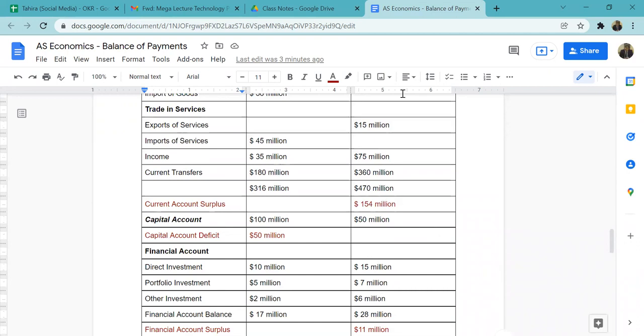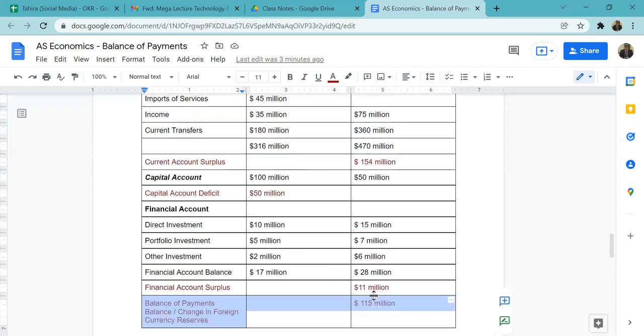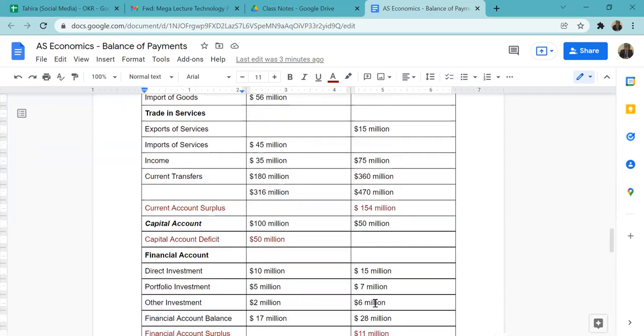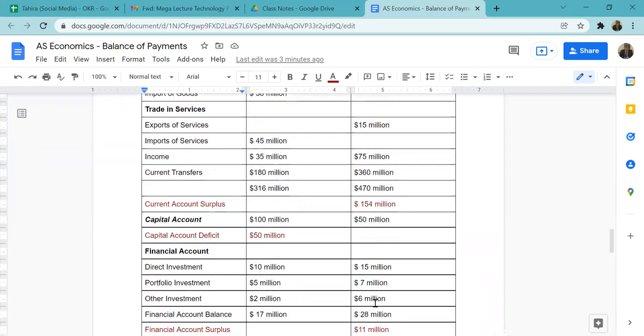So on the right-hand side, the total transactions are adding up to 165. If you add these up, the credit side is greater by how much? $115 million. Is this making sense so far? Now, the difference that you get, you write on the other side, which is smaller. So then technically the two sides equal.